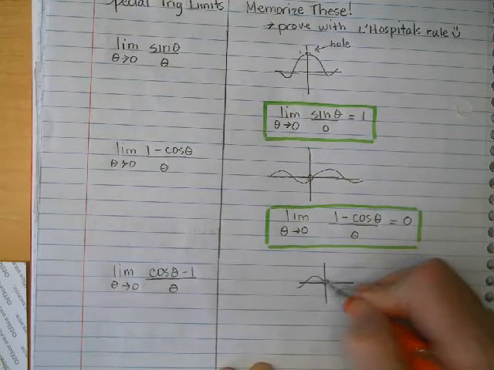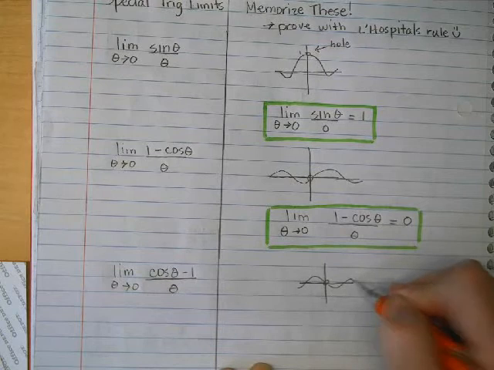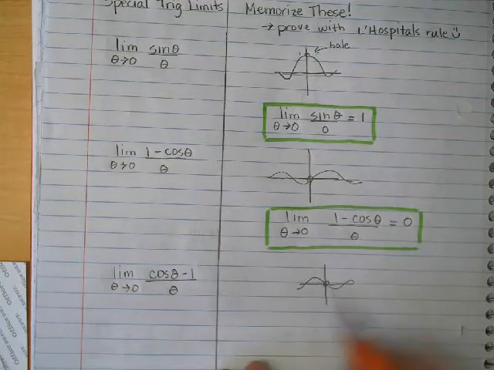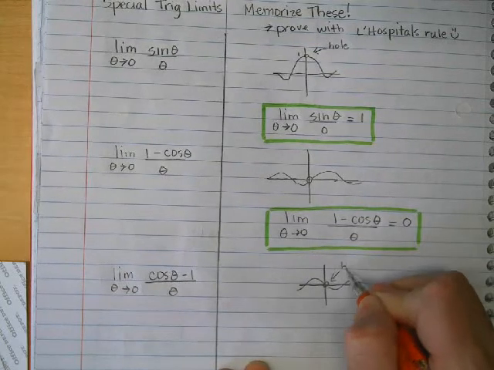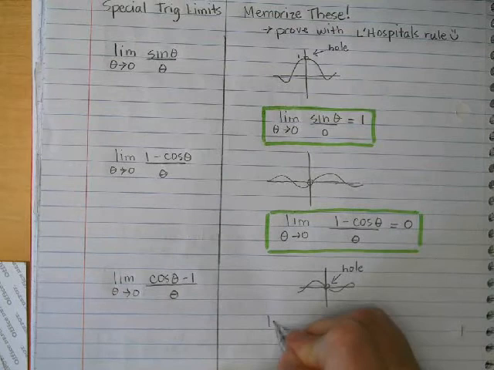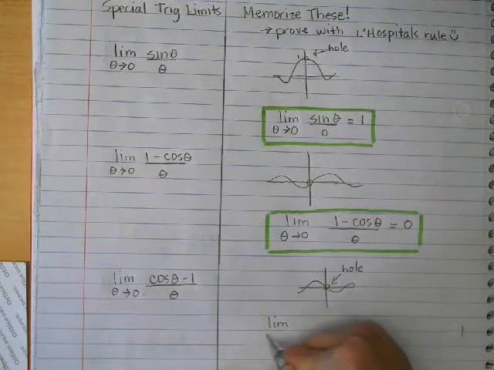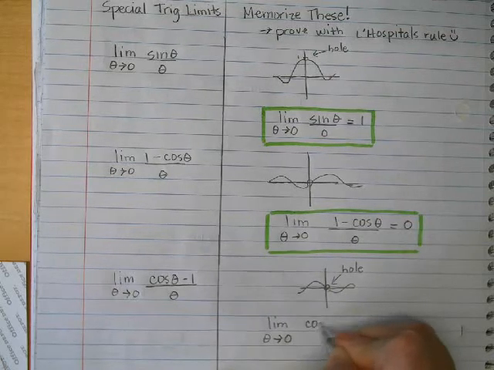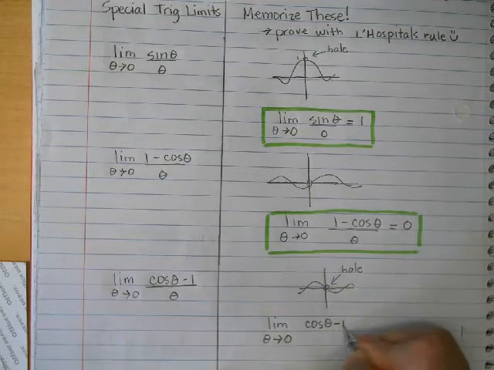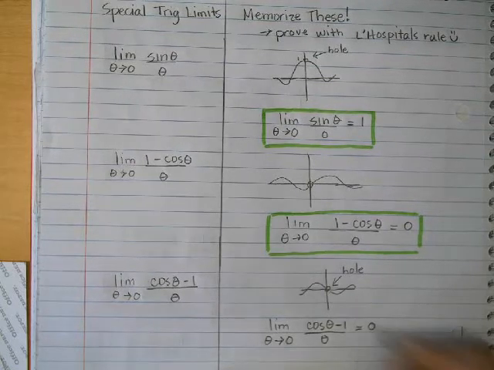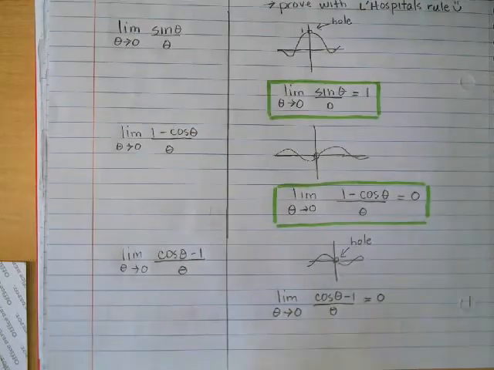So it's kind of going like this and like this, and it's also got a hole right here at 0. Maybe I should put that. Okay, so we want to know that the limit as theta approaches 0 of the cosine of theta minus 1 over theta is equal to 0.